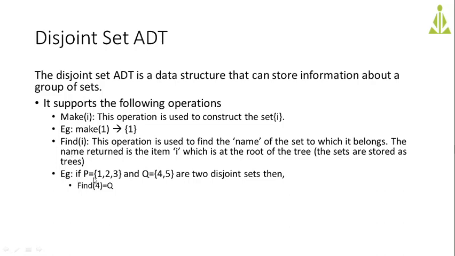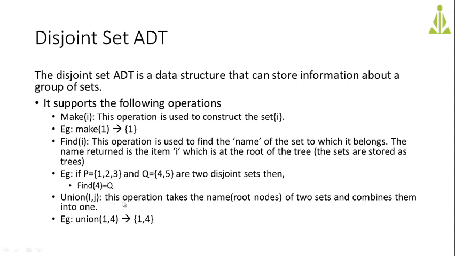For example, if P is some set and Q is some set, they are two disjoint sets, because there is no common element in these two sets. If I want to find 4, and 4 is present in Q, it will search the given sets and give the result.